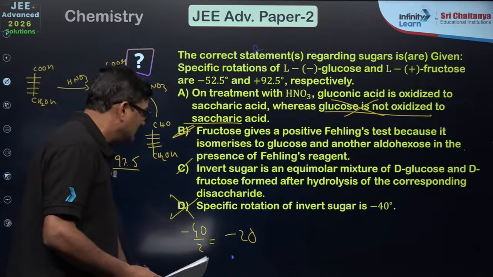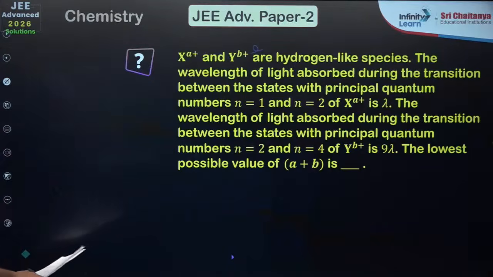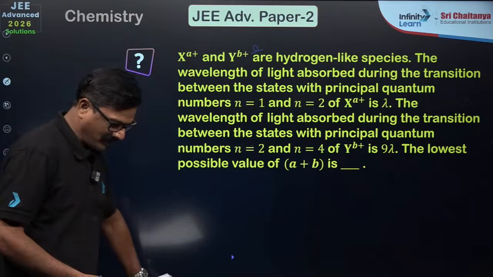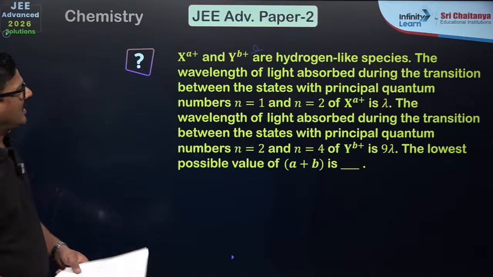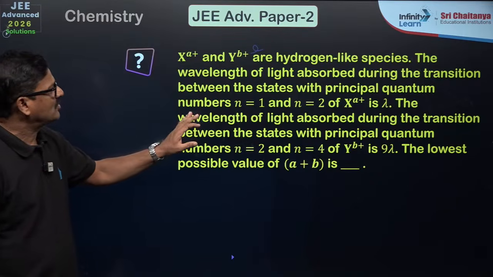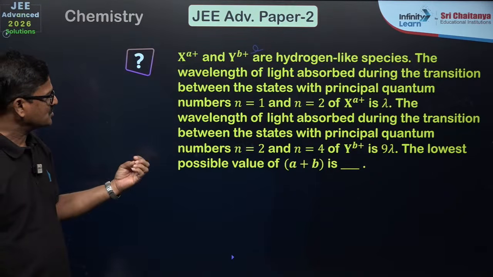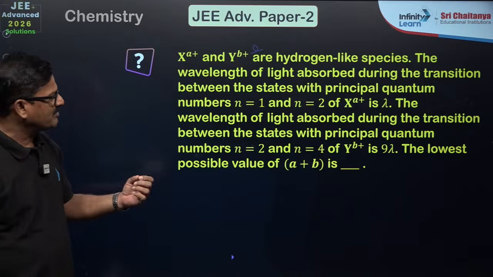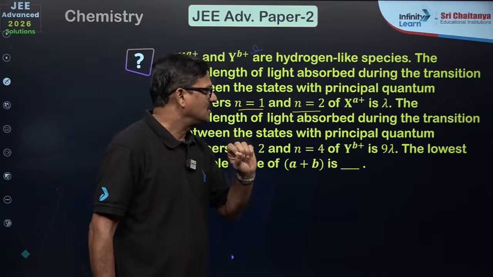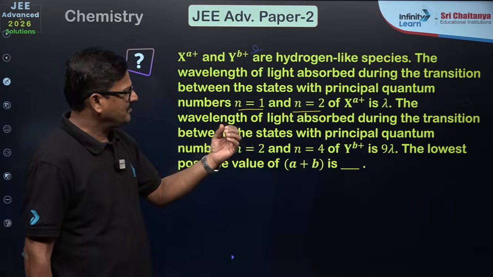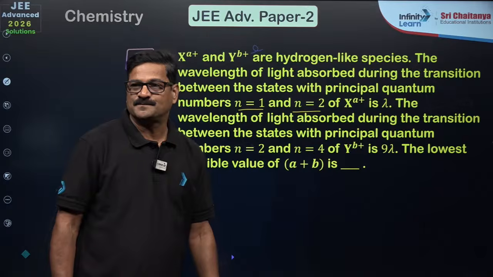Now moving ahead, XA and YB are hydrogen-like species. The wavelength of light absorbed during the transition between the states with principal quantum number n equal to 1 to n equal to 2 of XA plus is 1 by lambda.